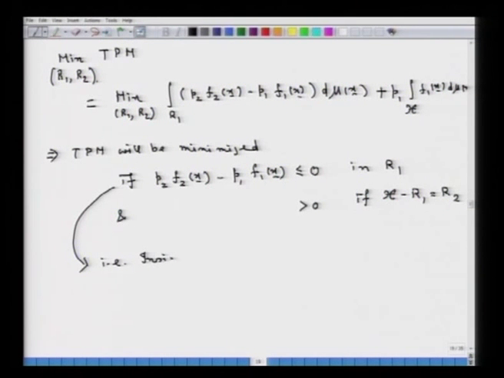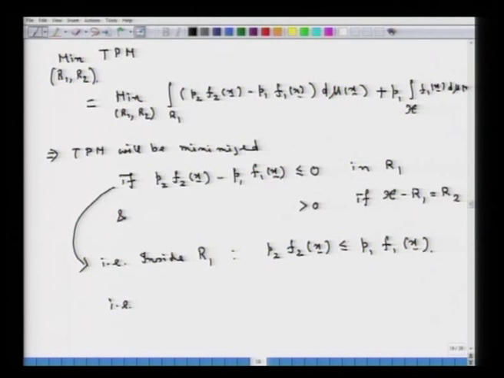inside R1, what we require in order to minimize the total probability of misclassification is that inside R1 we will have P2 f2(x) less than or equal to P1 f1(x).